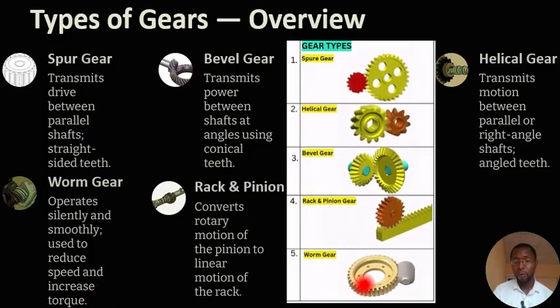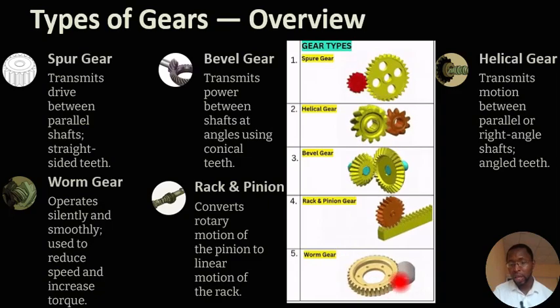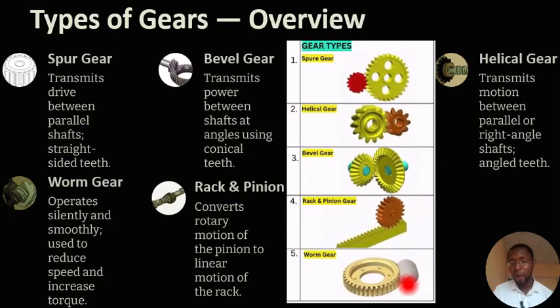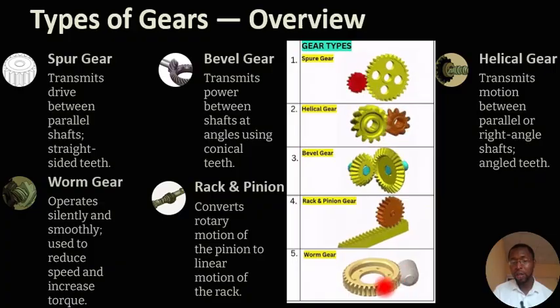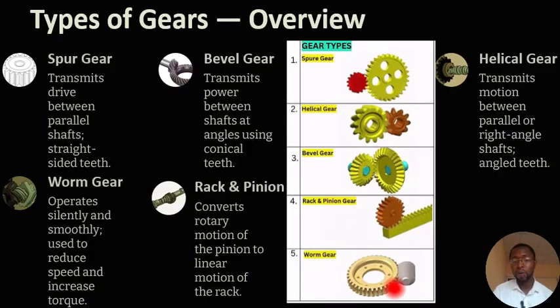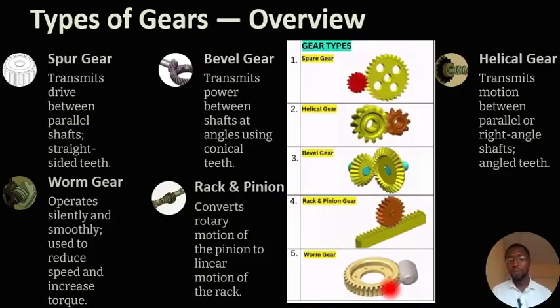An example of the worm gear you could say is the connection of a normal gear with something with a linear gear around it, that looks like a worm. So this is attached to a machine. It reduces the speed of the machine but increases the torque of the machine.